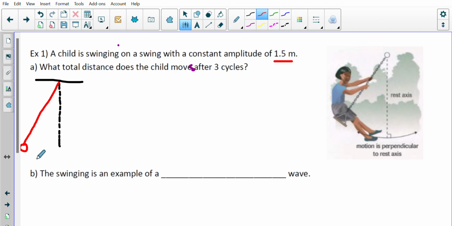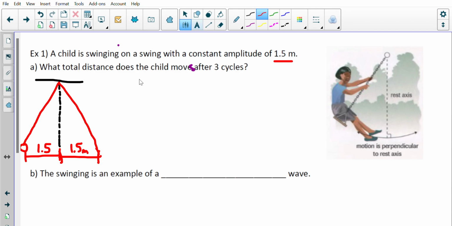Now 1.5 meters is from your rest position to the very top or the outside of your swing. And then the kid is going to swing all the way out here to the right, and so the amplitude there is also 1.5 meters.